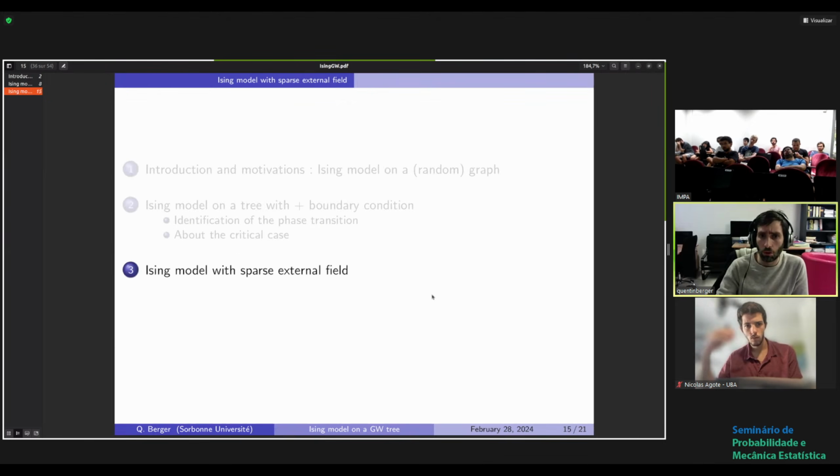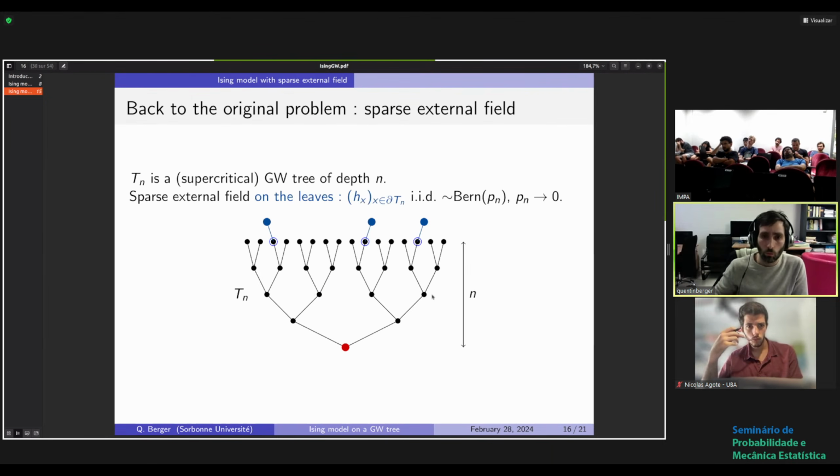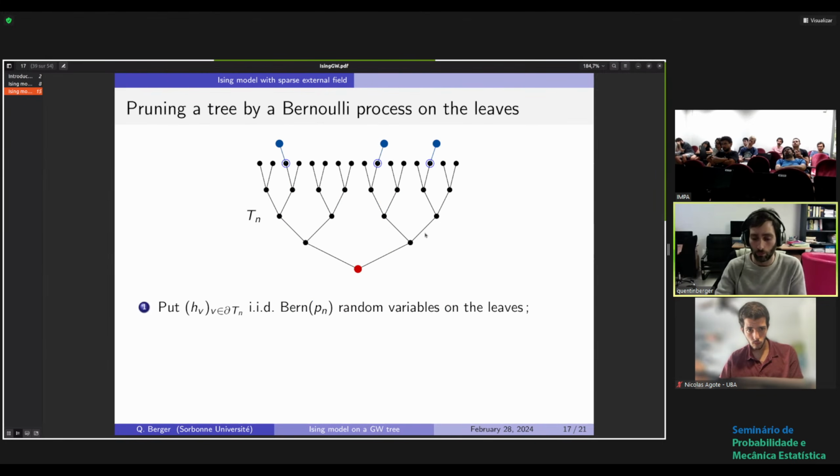Okay, so what you can do here is reduce your tree to keep only the branches that lead to pluses, and you'll get a lower bound. You'll actually get an equality in that case. So here's the way to reduce your tree. We call that pruning the tree by a Bernoulli process on the leaves.